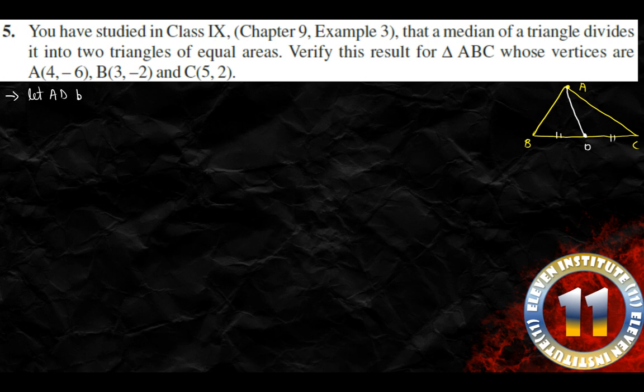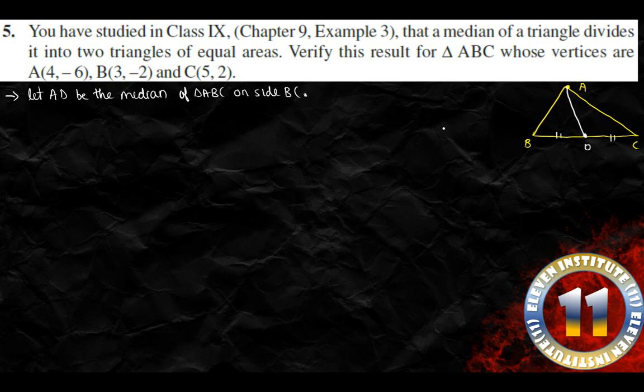So first of all we have to assume, let AD be the median of triangle ABC on side BC. Let AD be the median of triangle ABC on side BC.